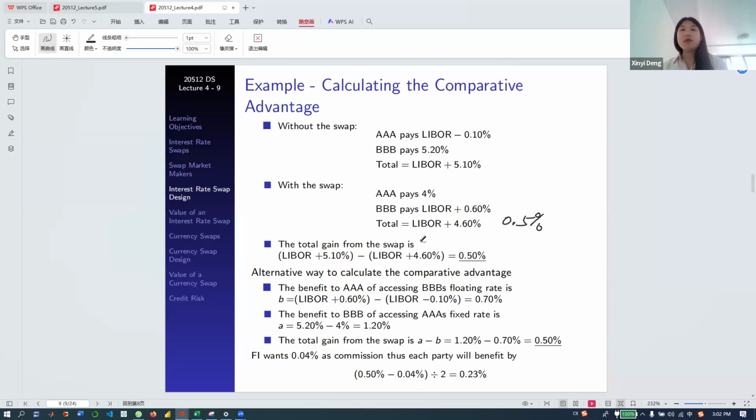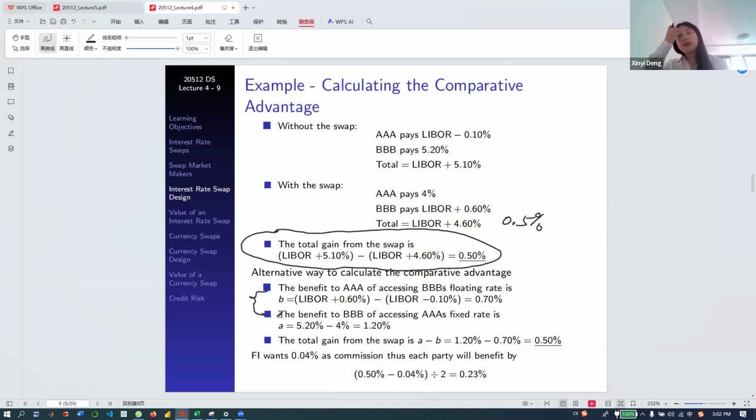When we are designing the swap contract, the cash flows will be designed based on this total gain here. Also, here it's just showing you the alternative method to calculate that gain.